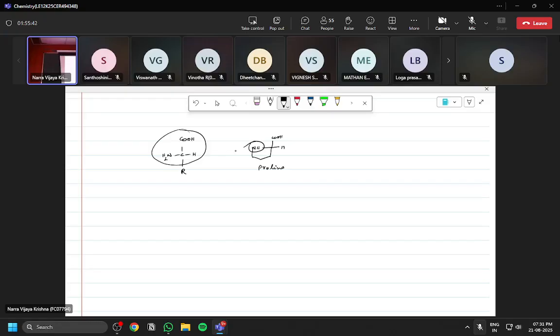Next, almost over. Proline already over. Only 2 more left: histidine and tryptophan. If it has a benzene ring, adjacent to that a 5-membered ring with NH and 1 CH2 chain, what we call that group as indole group.